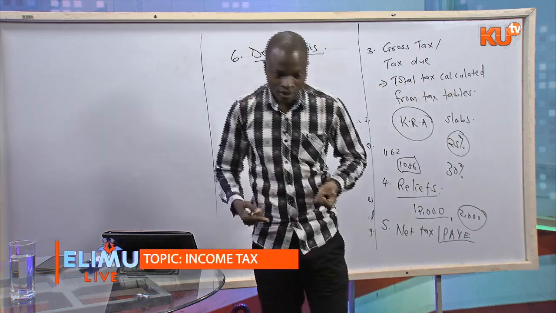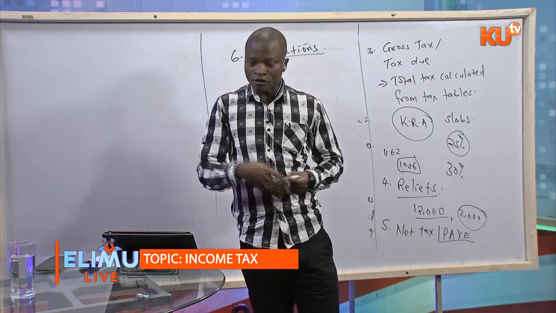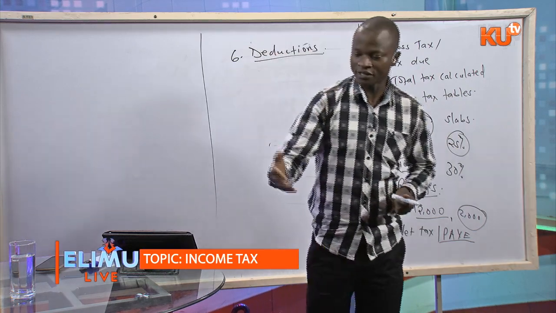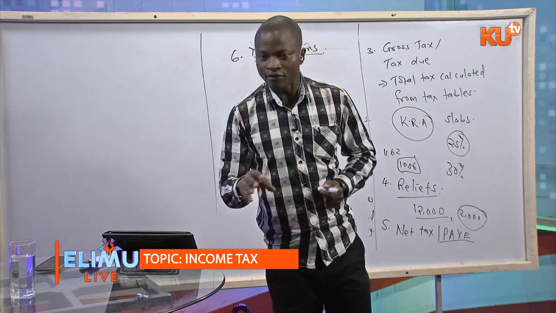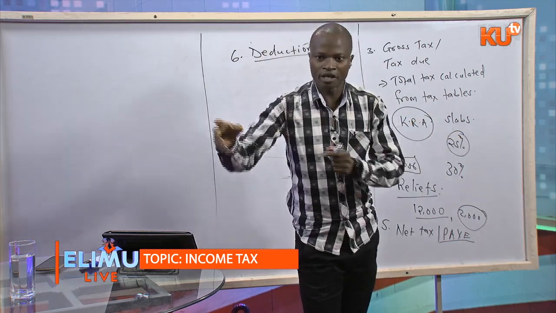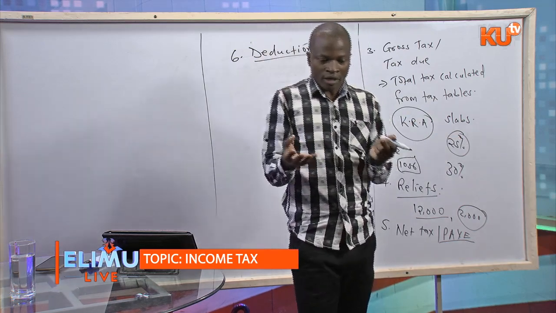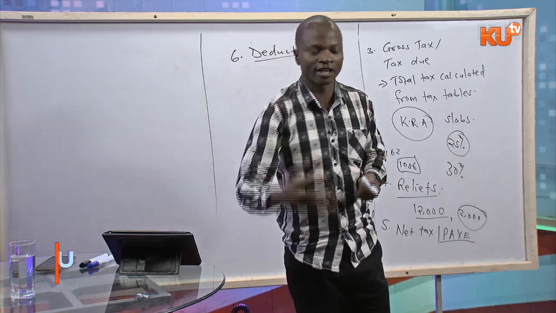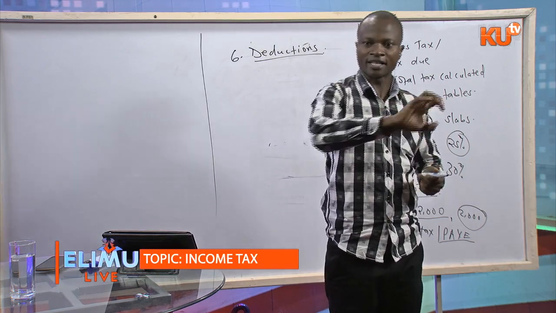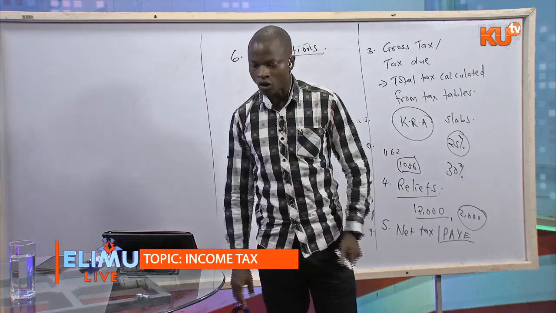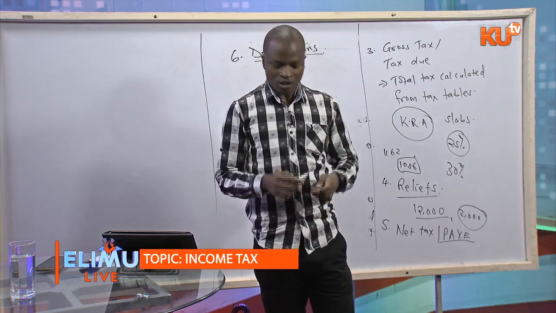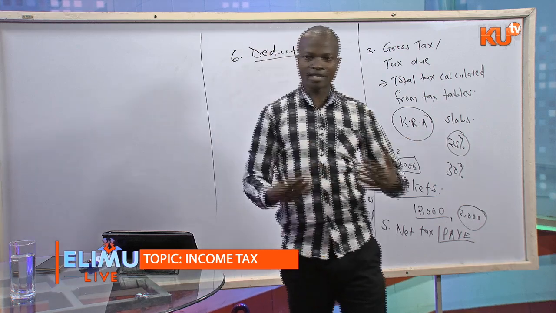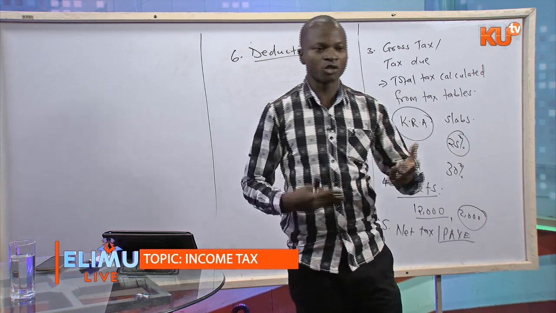Apart from the PAYE, some people pay premiums to different insurance companies. Others have what they call a chama. So they tell the employer, instead of giving me the money so that I send it to my chama, just take the account number so that the money is deducted directly to the chama. Or loan repayments or cooperative shares. Or maybe you acquired something on hire purchase and you are paying installments.